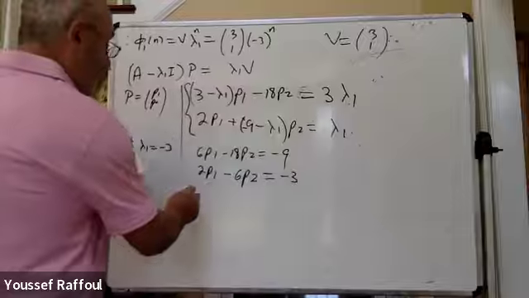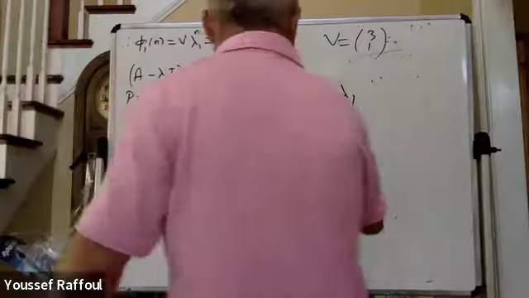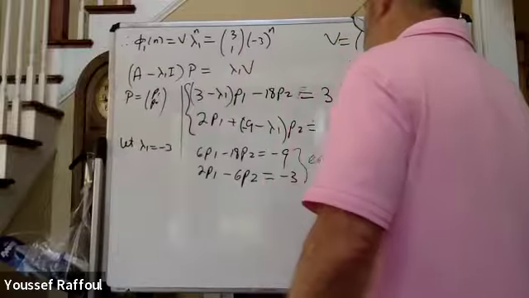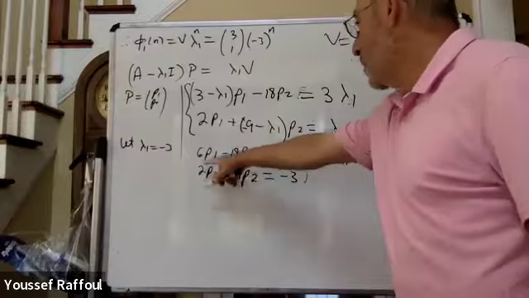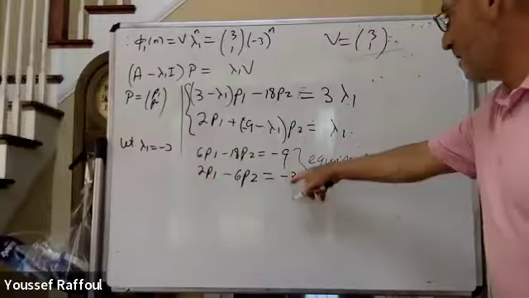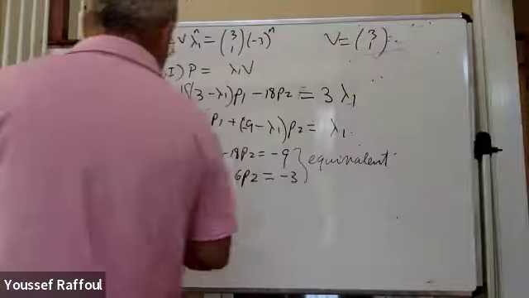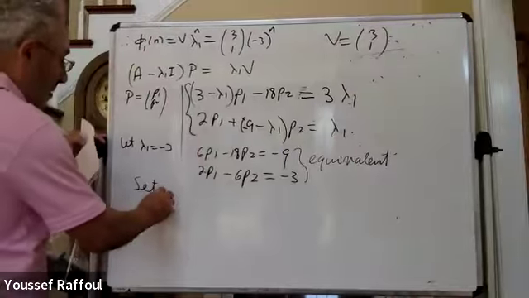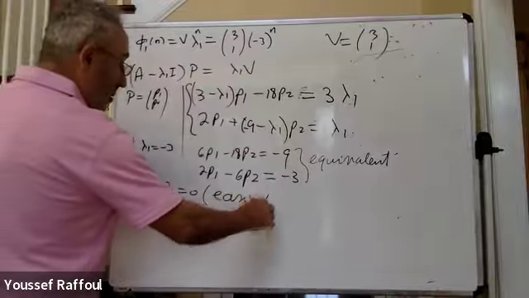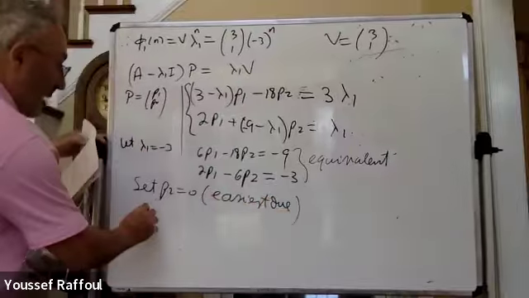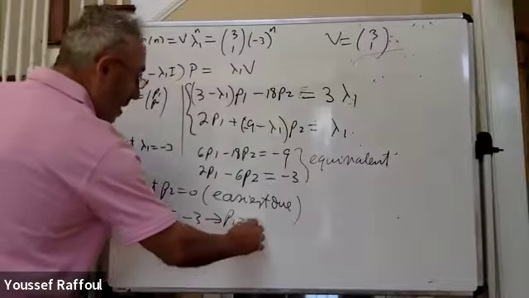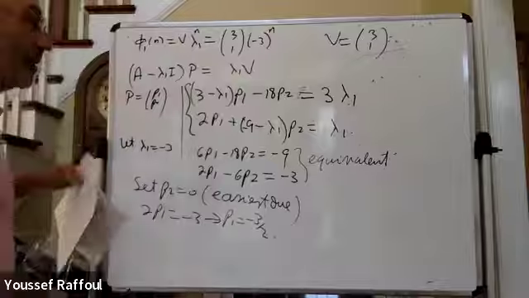You see, these equations are equivalent. Just divide by 3. So set P2 equals 0, the easiest one. Then 2 P1 equal -3, and P1 is -3.5.